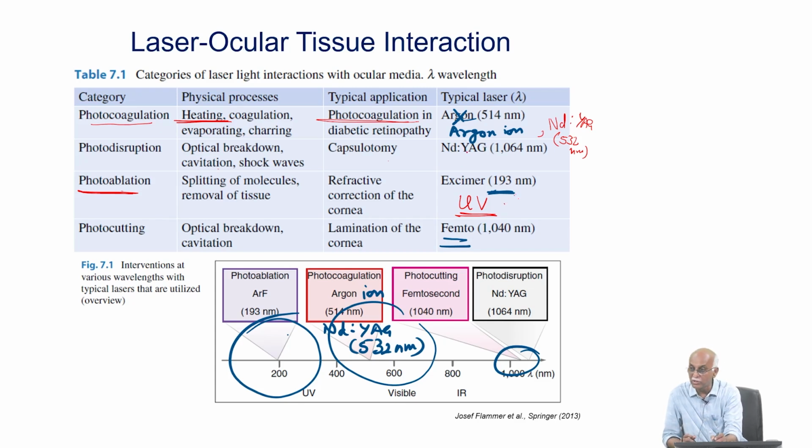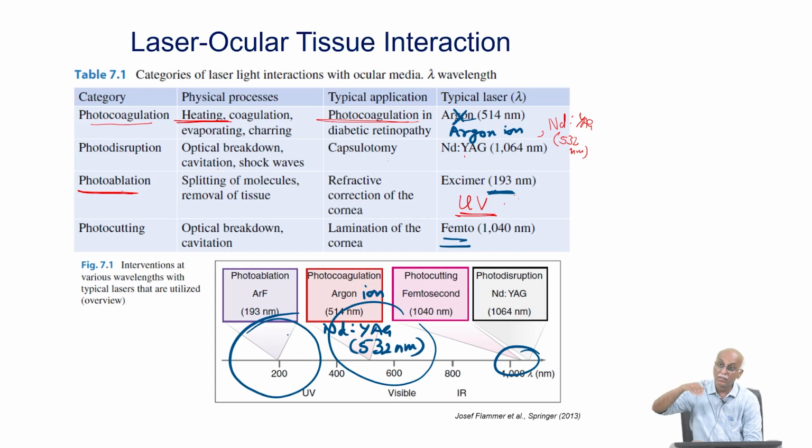If I use a neodymium YAG laser, it is possible to even ablate by using a high intensity pulse. However, at the light wavelength of 1064 nanometer, the absorption coefficient is very small. So what will happen? Light will propagate throughout the tissue.